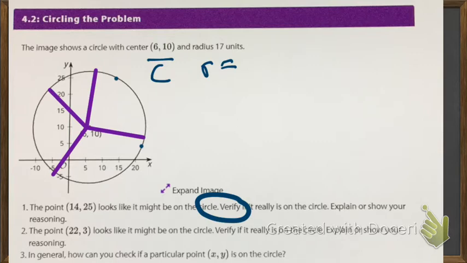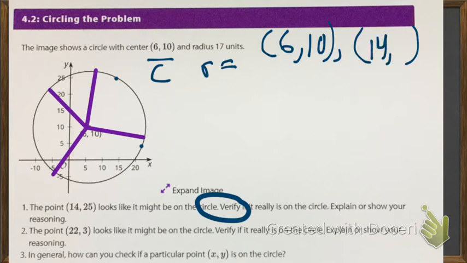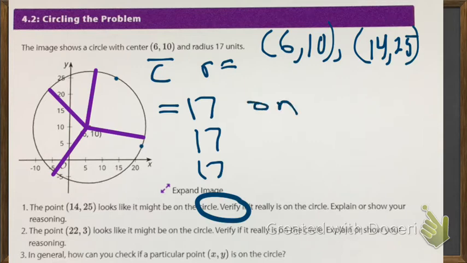Check the distance between these two points, (6, 10), which is the center, and (14, 25), any point that you think might be on the circle. Here's what I want to stress before I go any further. If that radius is 17, and you get an answer where the distance equals 17, that means that point's on the circle.